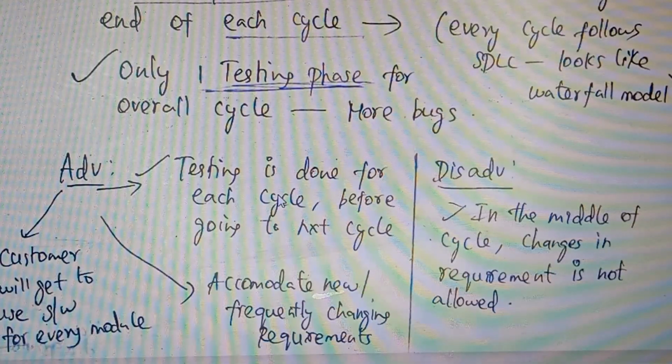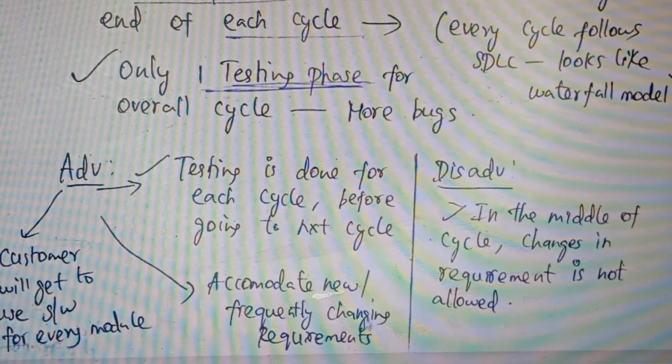And the second one, the risky parts are developed first, then the actual parts are developed. Thus it helps in better risk management, and it is useful for large and critical projects. It allows us to use prototypes, and it gives priority to customer feedback, accommodating new and frequently changing requirements.